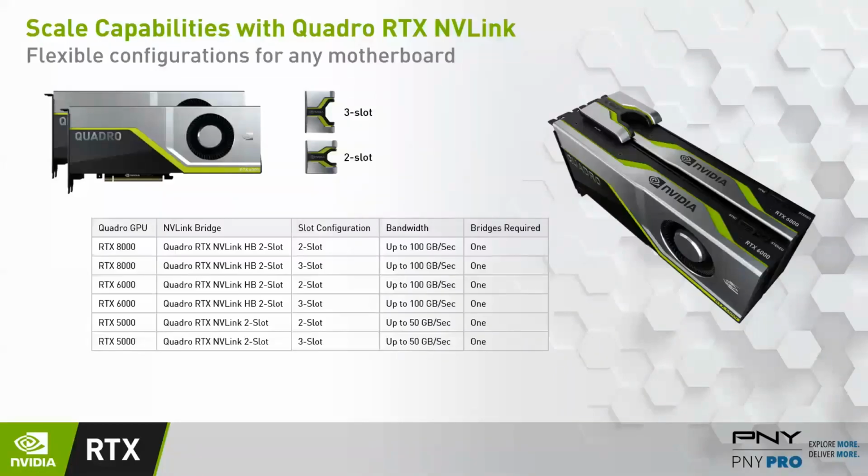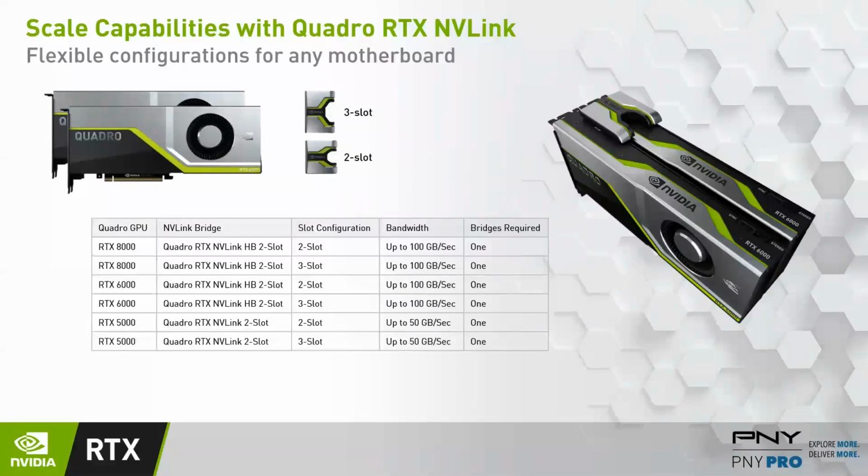We did talk about NVLink. NVLink is a bridge that bridges two physical cards together and lets it be treated as one unit, doubling the amount of available memory, scaling the compute performance, the rendering performance, the AI performance.